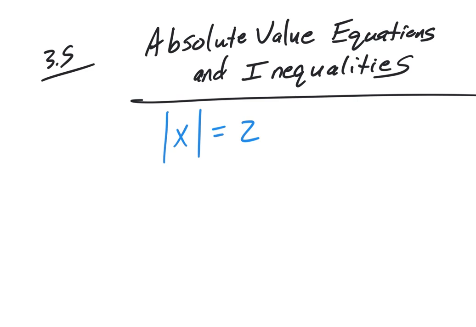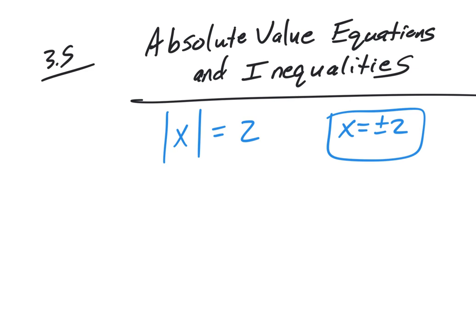And so we could say positive 2 or negative 2. So those would be the two things that would make this work. So on this one I could say plus or minus 2. But that's why when I take the absolute value of a positive, it stays positive, and when I take the absolute value of a negative, it becomes positive, because distance always is positive.